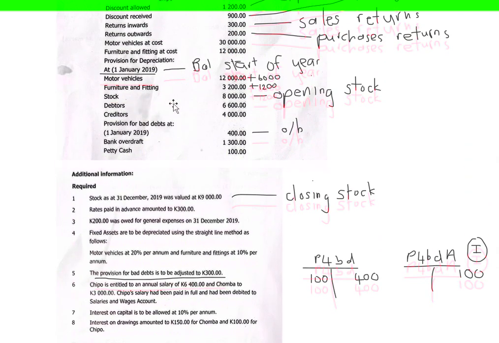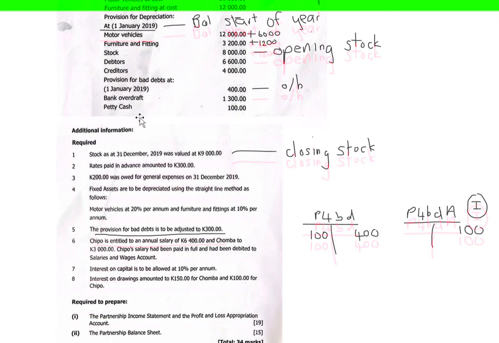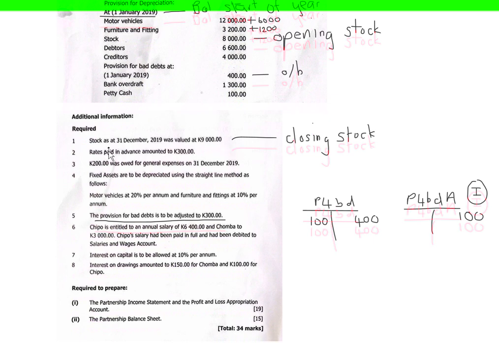So the opening stock at the beginning of the year was 8,000 at the 1st of January 2019. And by the way, while we're here, that first point under additional information, it says the stock was valued at 9,000 closing stock. So we got opening stock and we got closing stock.